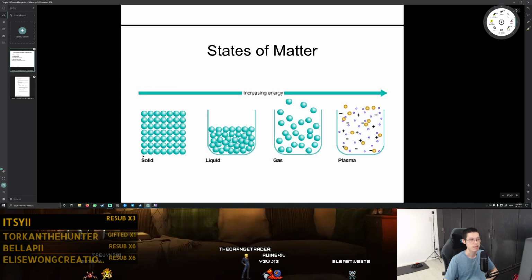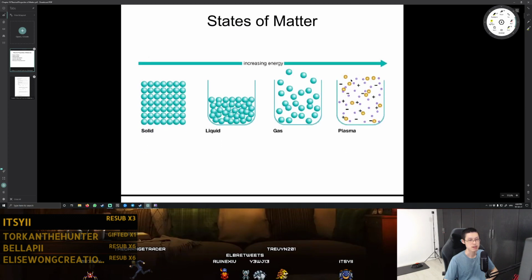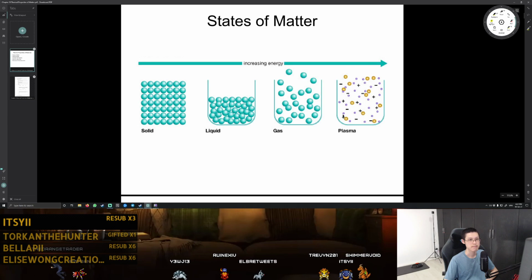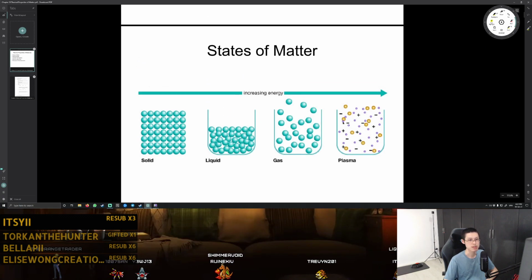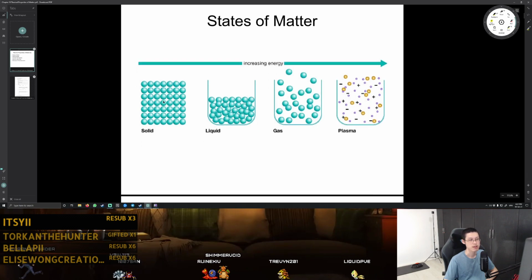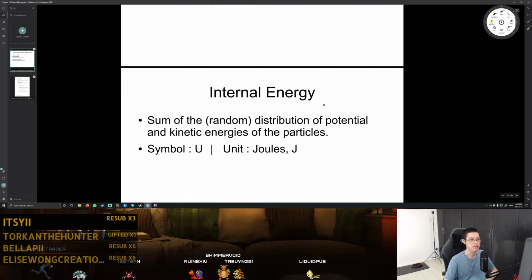For solids, the potential energy is very large, and as you go along, the potential energy decreases. Plasma you only get on the surface of the sun at extreme temperatures. It's not really in the syllabus, so you can just ignore it for now. We're just going to be looking at these three.